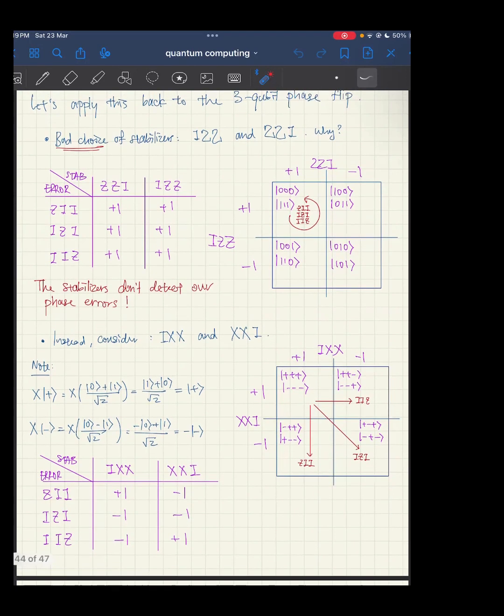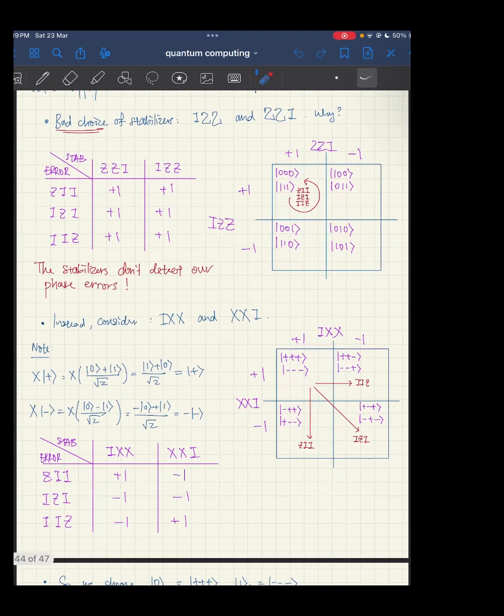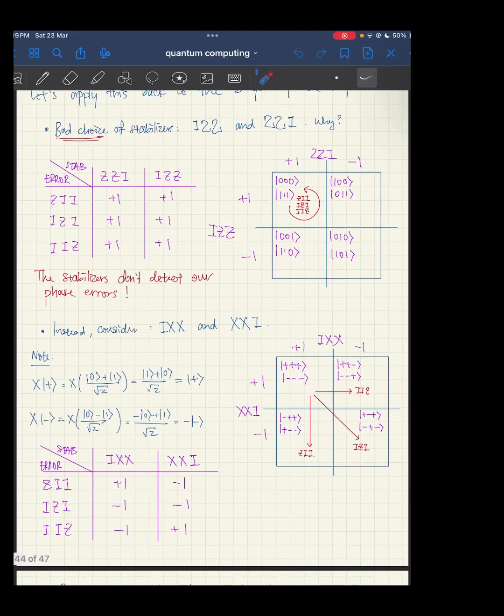Similarly, we can check for the other errors, and we will see that they send each error to a different eigenspace, which is exactly what we want. This way we can detect the errors.